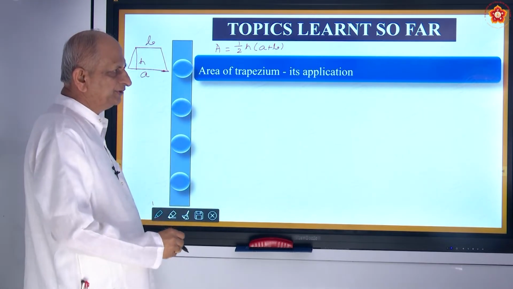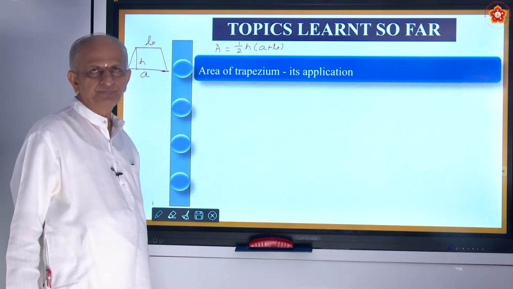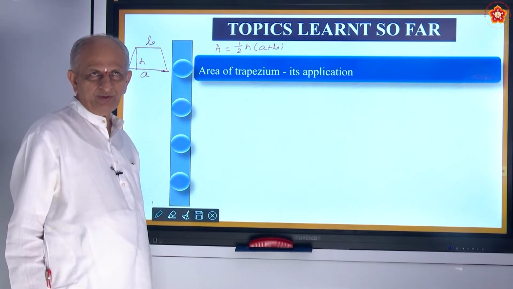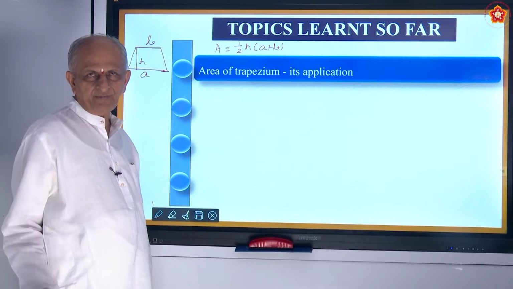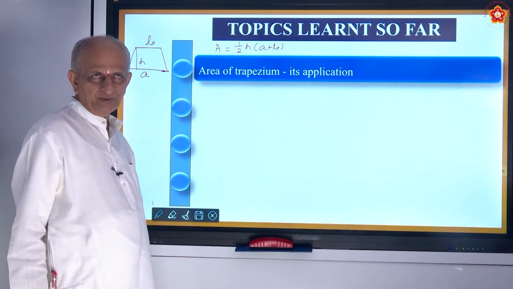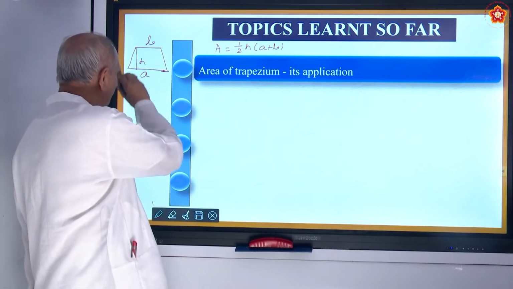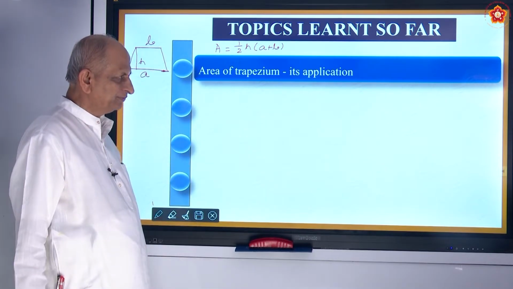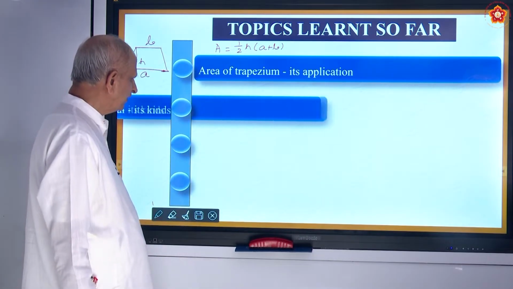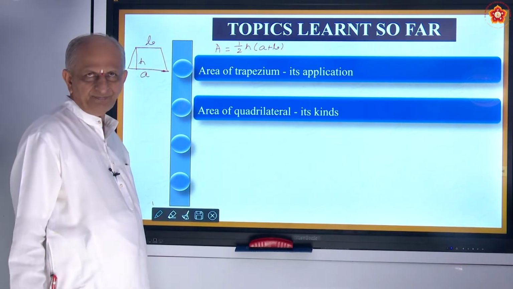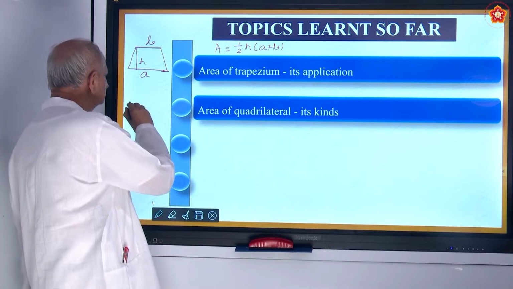And this trapezium, especially lands, usually will be in the shape of a trapezium. For selling of lands, purchase of lands, the area of trapezium is made use of. Okay. Also, we have studied about area of quadrilateral. What is quadrilateral?